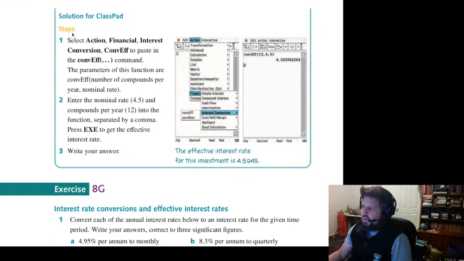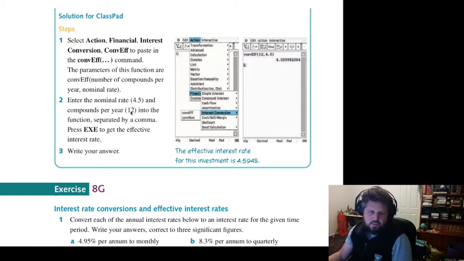You can go to your calculator, and there's a cool conversion for effective interest rate, and you get to it by going Action, Financial, Interest Conversion, conF. That's for conversion to effective interest rate. Once you load that up, the first value you enter is the N value, so how many compounds happen per year.